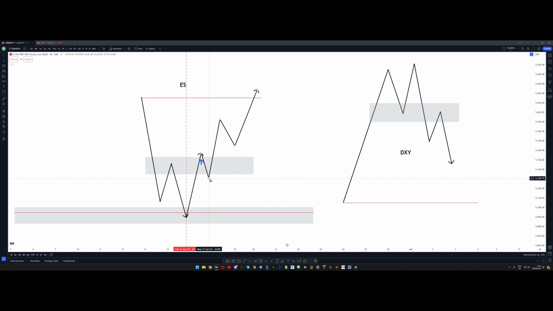So the point I'm getting at is this. Dixie makes a unicorn model, retests the breaker, flips into a sell program and aggressively moves down 9 to 10 minutes in front of ES.